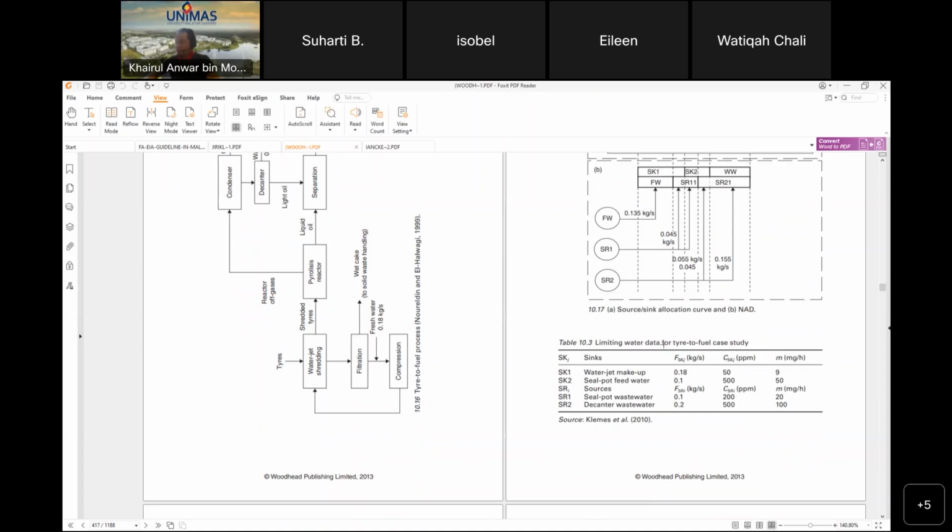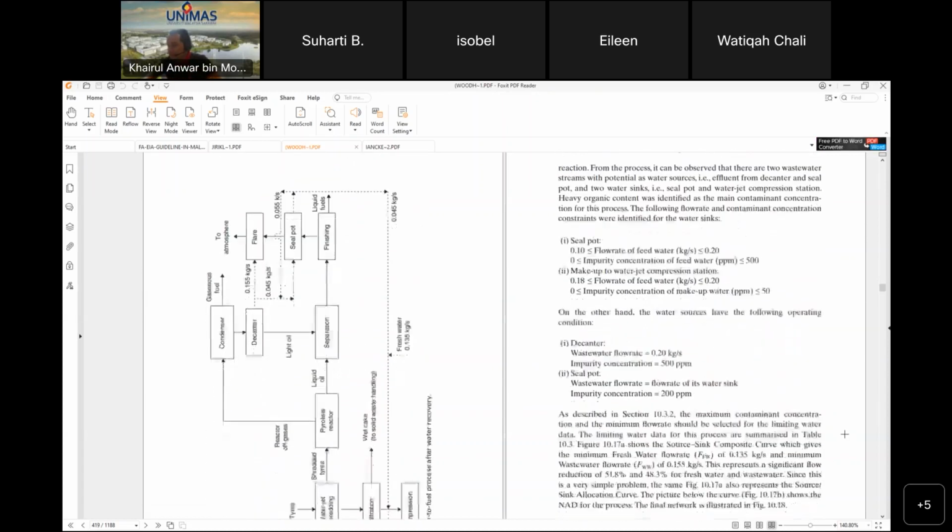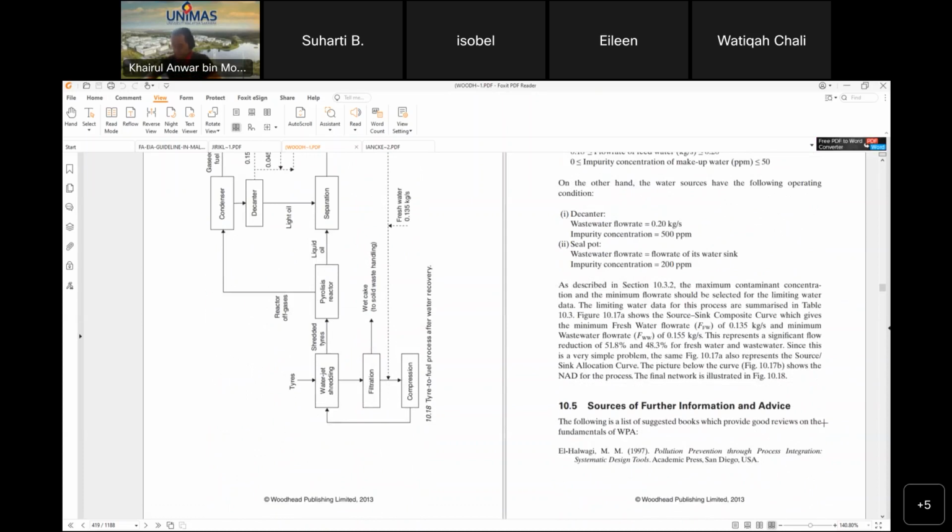The limiting water data for the tire to fuel case study flow rate, as described in section 10.32, which refers to data extraction, step 2.